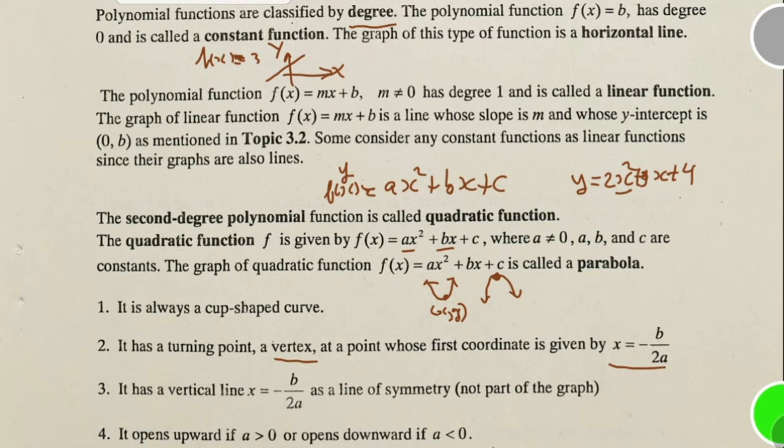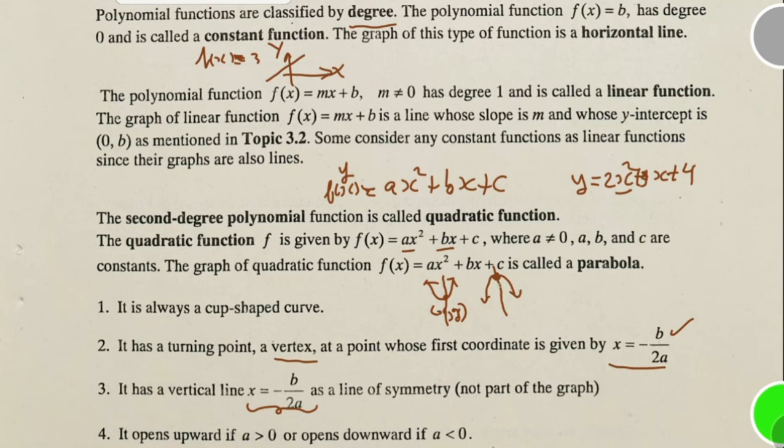And it has a vertical line. The format of a vertical line is x is equal to some number. In this case, the x value is negative b by 2a. Therefore, this is the vertical line passing through the vertex. The x value of the vertex is negative b by 2a.